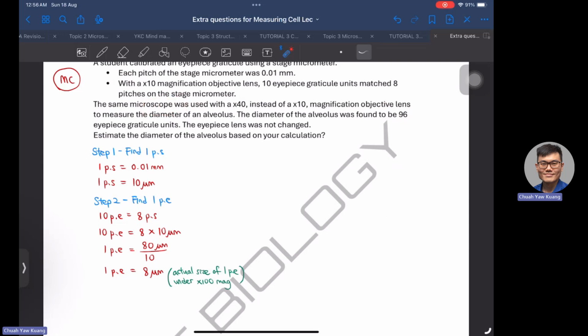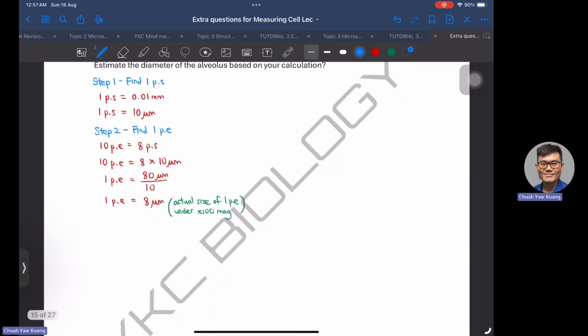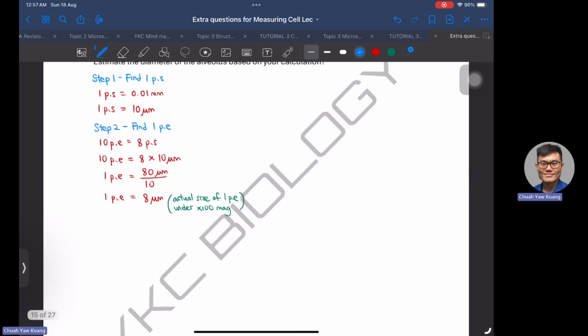That also means that the size of one pitch on the eyepiece reticule will change when you change the magnification. So for this step number 2, we need to further find one pitch of the eyepiece reticule at 400 times magnification. This one is at 100 times magnification.